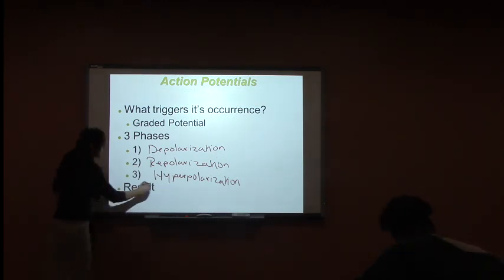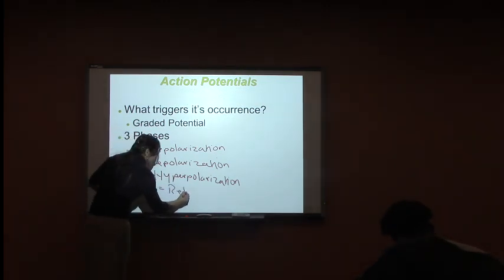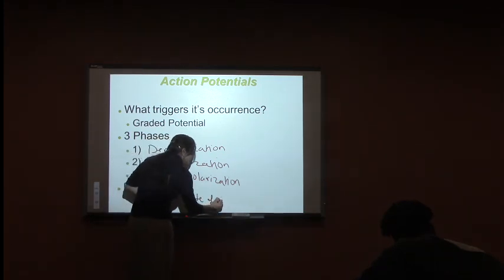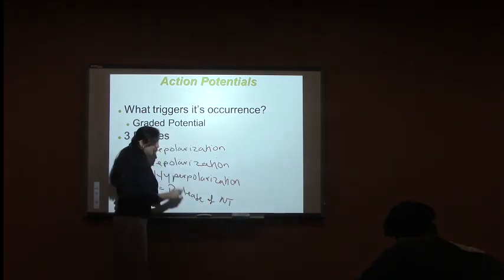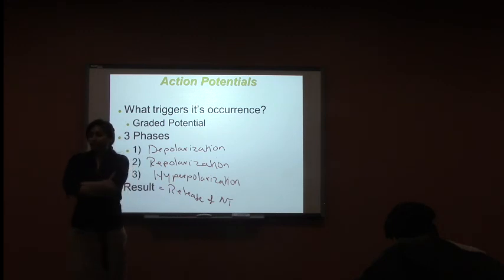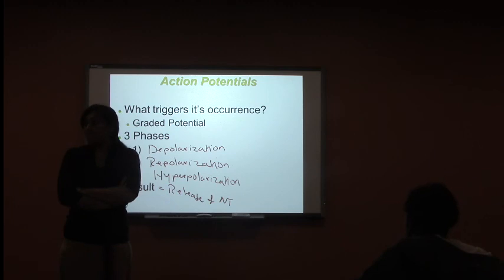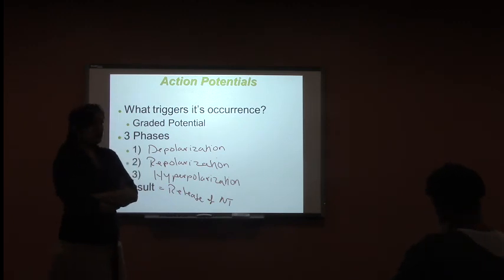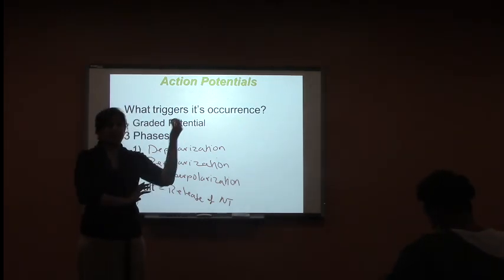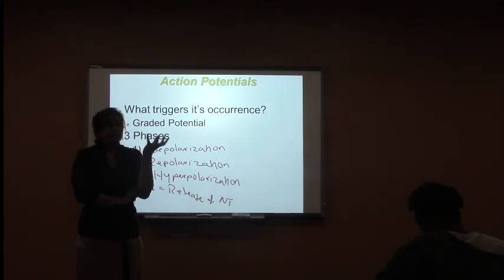Release of neurotransmitter. So that is the purpose. This is why the axon conveys information. Remember, dendrites picked up the signal? What did the dendrites pick up?